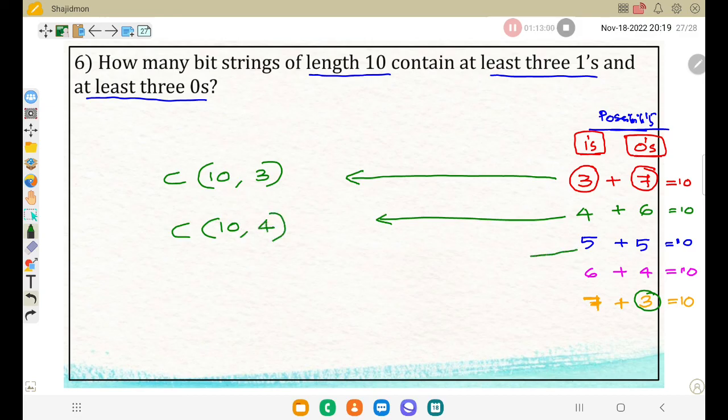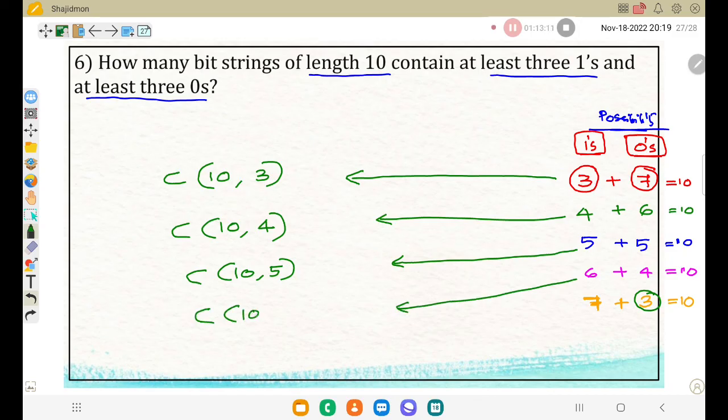Now this one, combination out of 10, 5 selection. This is 6 combination, out of 10 6 ones. This is 7 combination, 10C7. I hope you understood, correct.